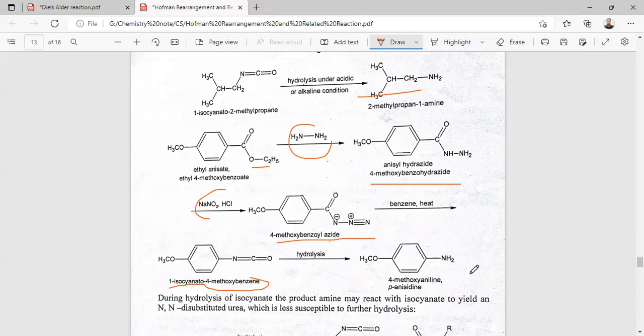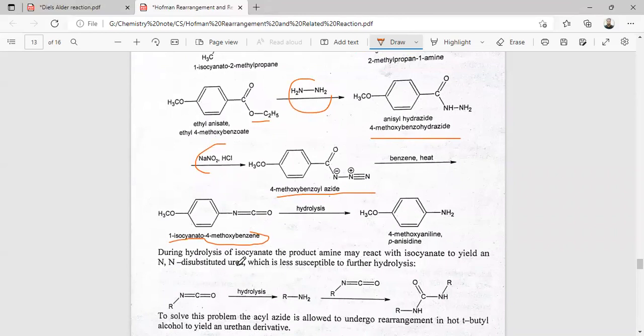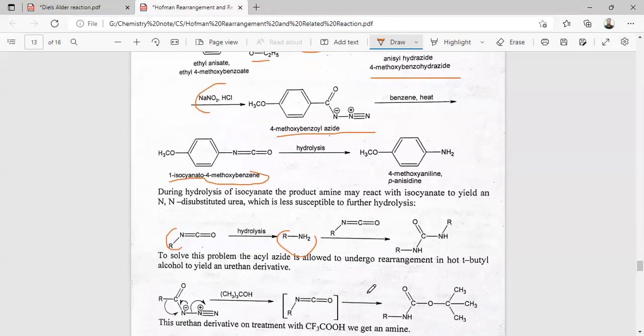Upon hydrolysis, it forms this aniline product. During the hydrolysis of the isocyanate, the product amine may react with the isocyanate to yield a disubstituted urea, which is not susceptible to further hydrolysis. So this isocyanate is hydrolyzed to this amine, which may react with this isocyanate to form this disubstituted urea.